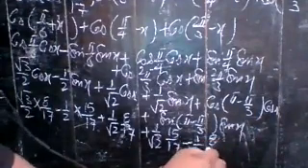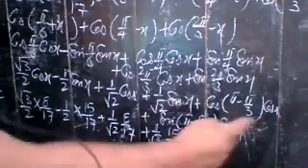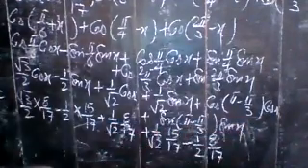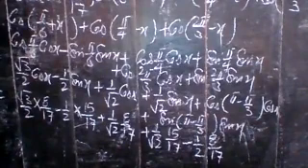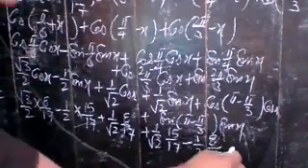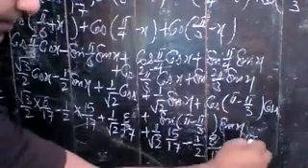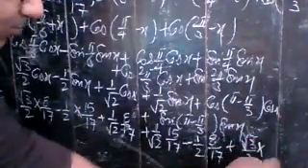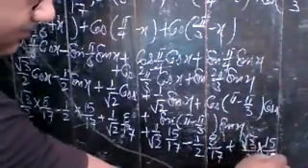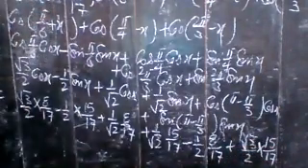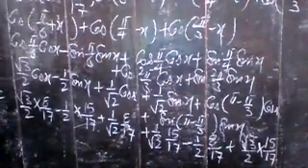And sin(pi minus pi by 3) is positive in second quadrant, so you have sin pi by 3, which is root 3 by 2, into 15 upon 17. So you write in this way.